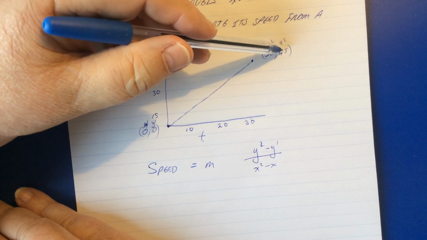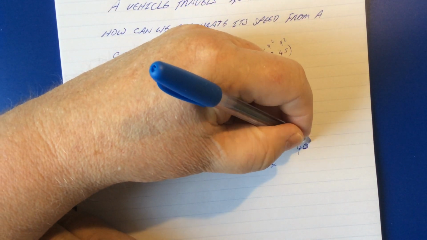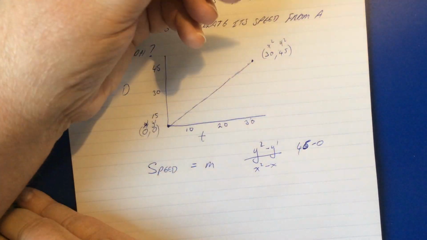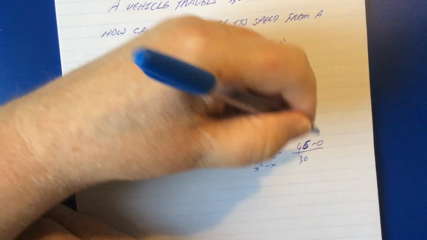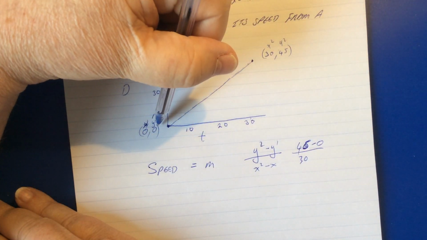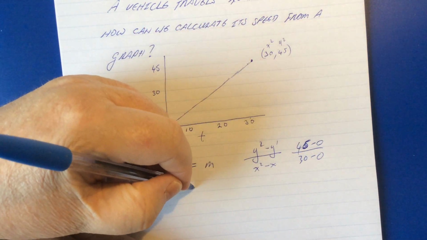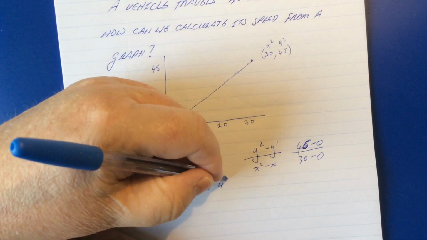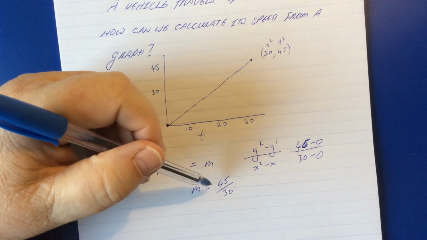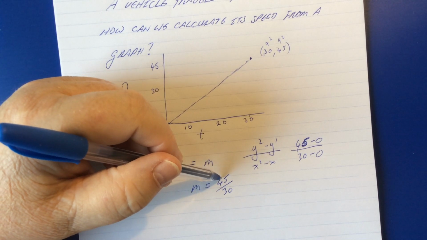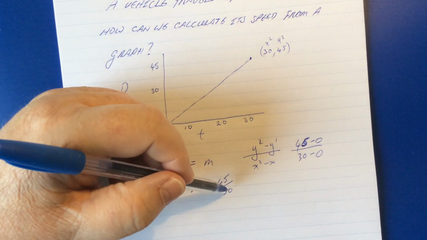Okay, so let's go to work. This will be relatively simple. Y2 is 45 minus 0, which of course is 45. X2 is 30, which of course then has 0 subtracted from it. So the gradient is equal to 45 over 30, which we can greatly simplify.